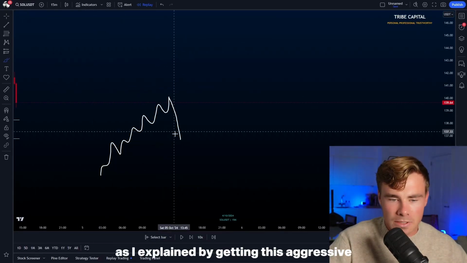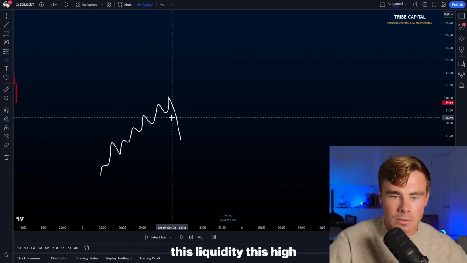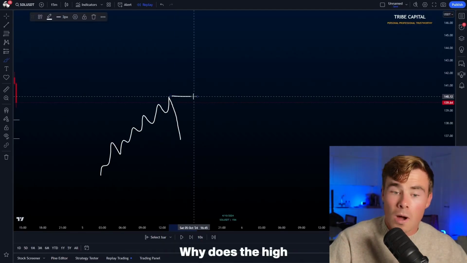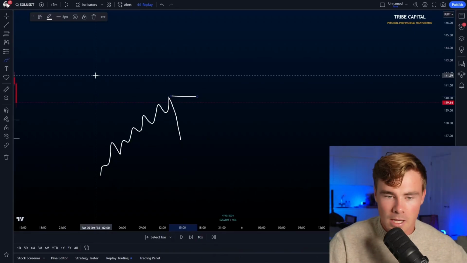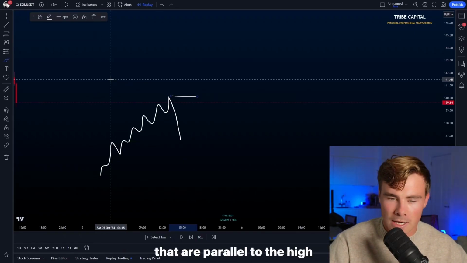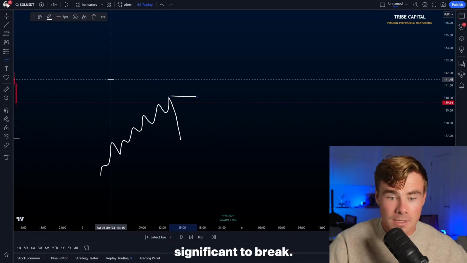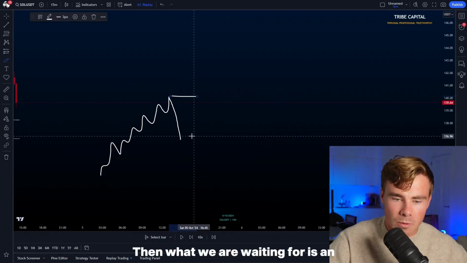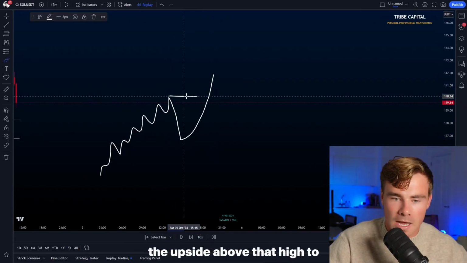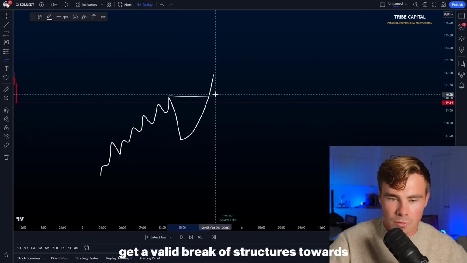By getting this aggressive flush and taking out this liquidity, this high all of a sudden becomes significant to break. Why does the high become significant to break? Because the high brings us to lower lows compared to the lows that brought us to that high, and therefore the high becomes significant to break. And then what we are waiting for is an aggressive push towards the upside above that high to get a valid break of structure towards the upside.